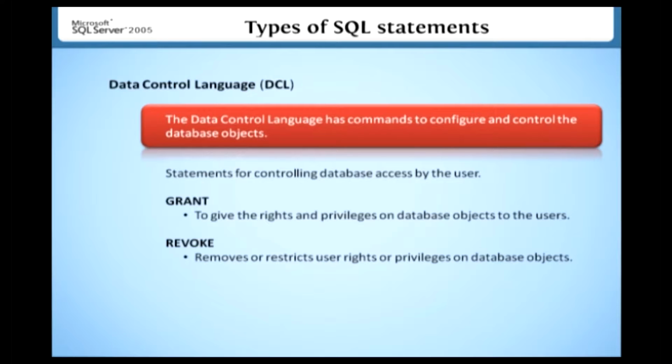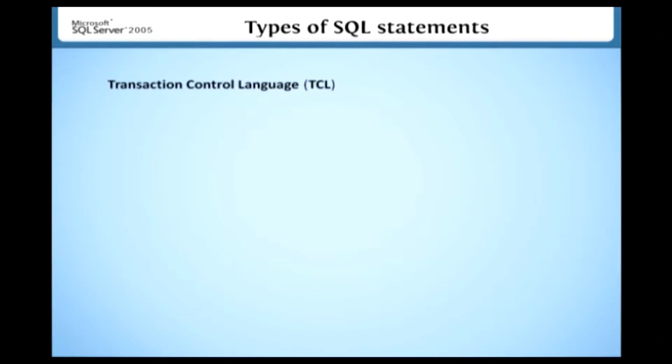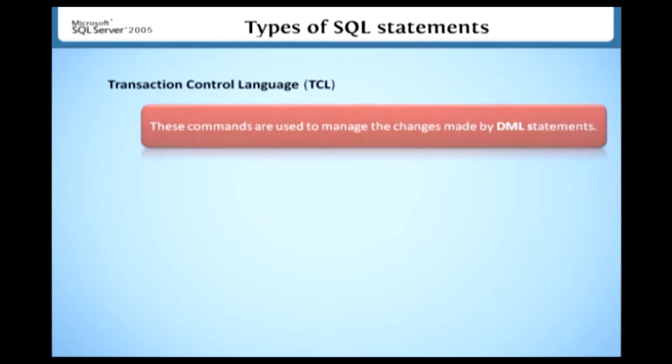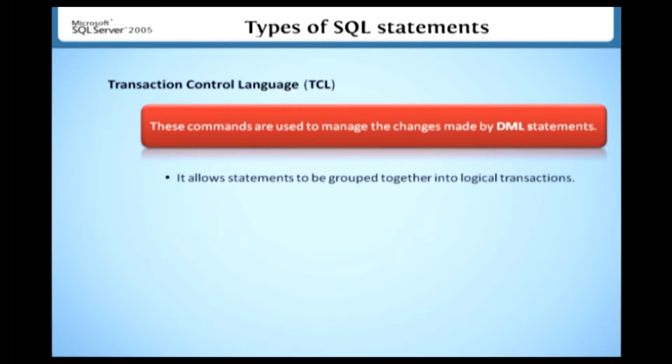And finally, we will see Transaction Control Language, TCL. These commands are used to manage the changes made by DML statements. It allows statements to be grouped together into logical transactions. In TCL, we have statements like commit, rollback, and save point.